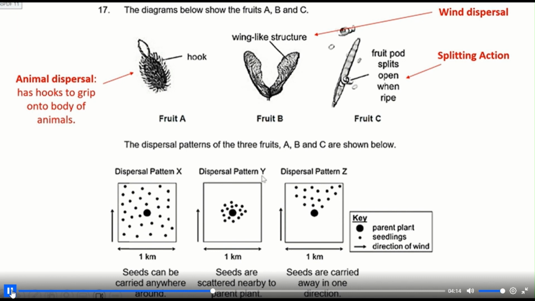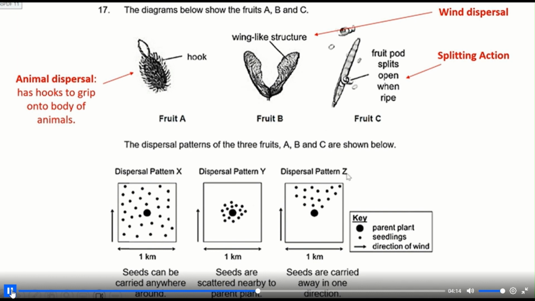As for dispersal pattern Y, we see that the young seedlings are all scattered near to the parent plant. So this method of dispersal, whereby the seeds are scattered nearby the parent plant, most likely is by splitting action, which is fruit C. Because by splitting action, the distance of the seedlings from the parent plant is usually quite close.